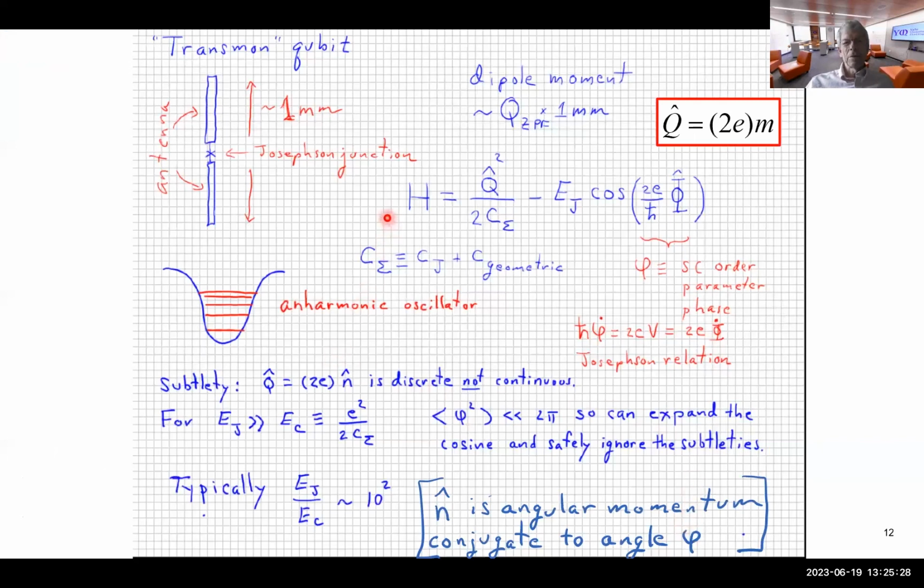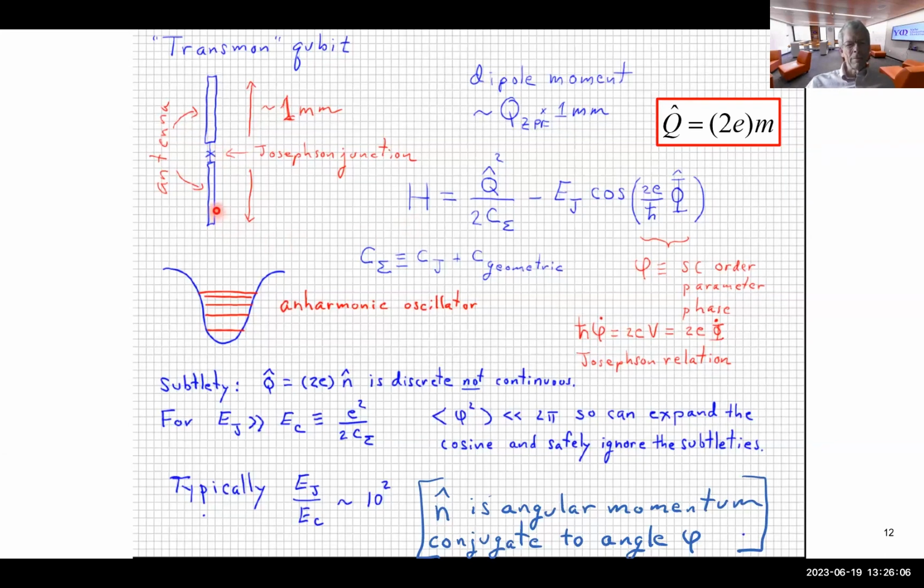Okay, so the Josephson junction Hamiltonian, it turns out, well, this is an antenna, but you can think of it as a kind of capacitor, and the charge transferred from one side to the other. So charge plus Q and minus Q here gives a Coulomb energy Q squared over some capacitance. It's mostly geometric capacitance, but there is some capacitance in the small tunnel junction because the plates are so close together.